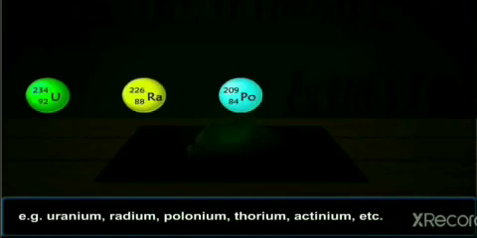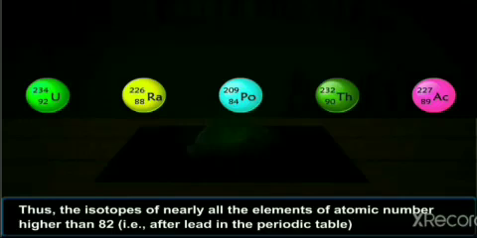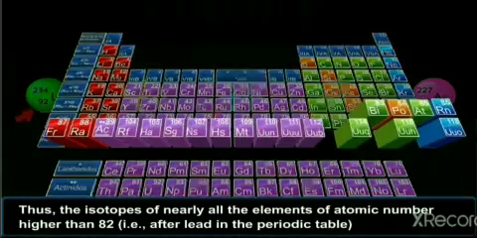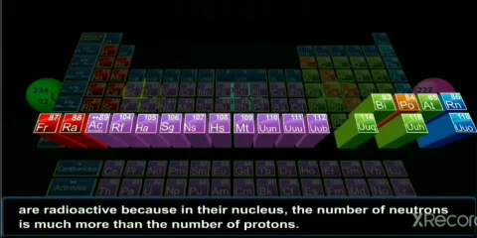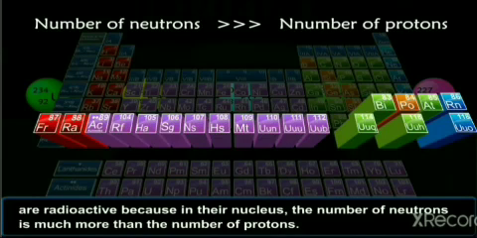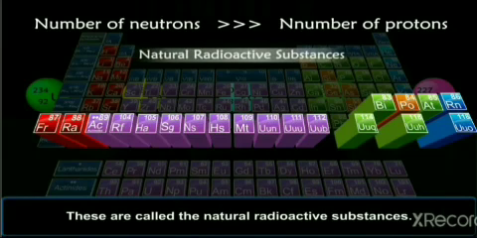Examples: uranium, radium, polonium, thorium, actinium, etc. Thus, the isotopes of nearly all the elements of atomic number higher than 82, that is after lead in the periodic table, are radioactive because in their nucleus, the number of neutrons is much more than the number of protons. These are called the natural radioactive substances. Activity is a nuclear phenomenon.